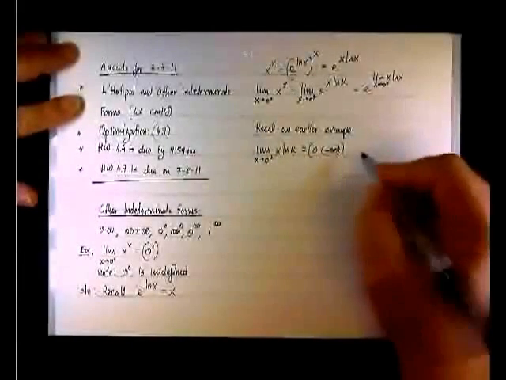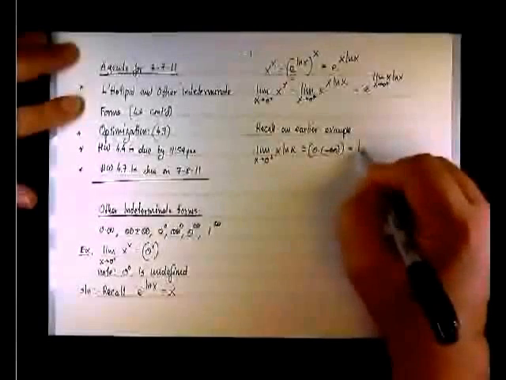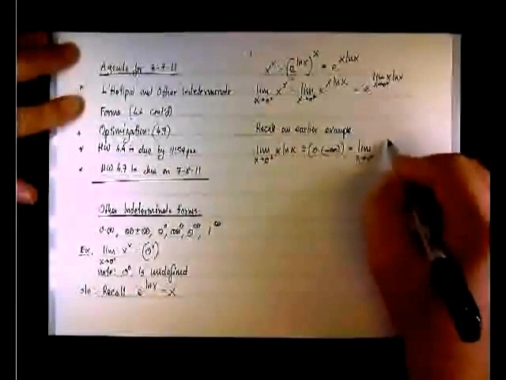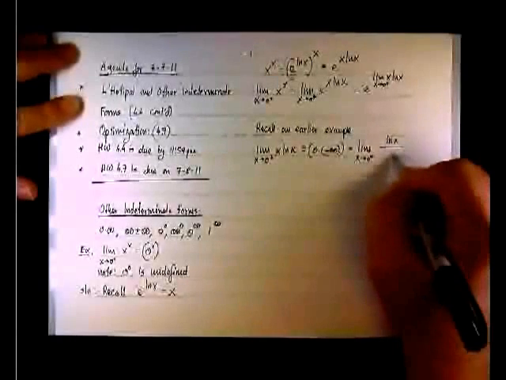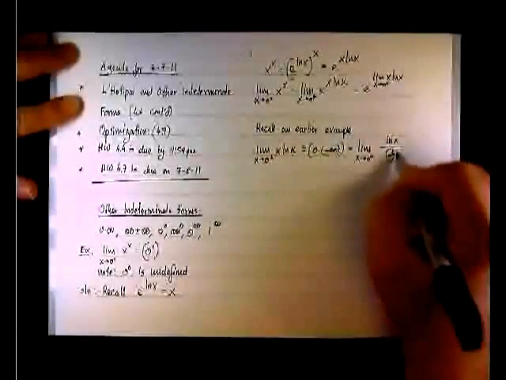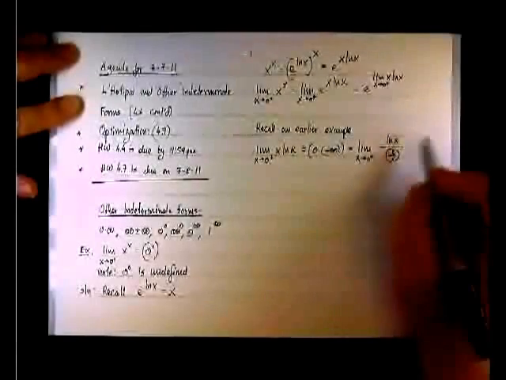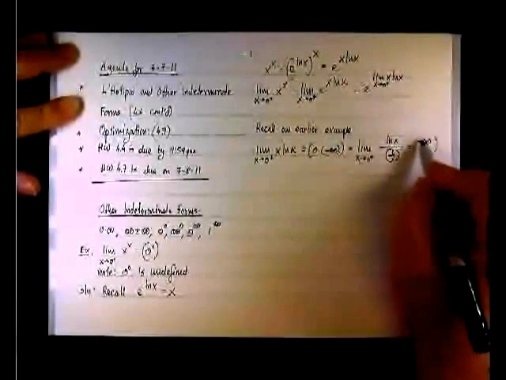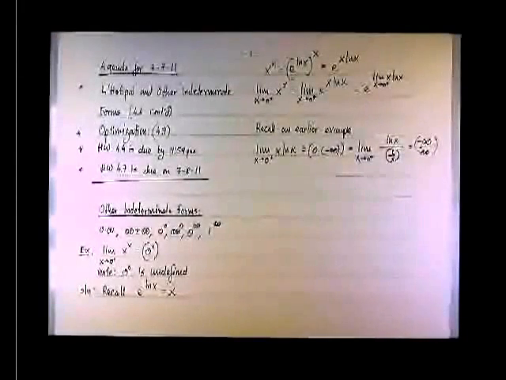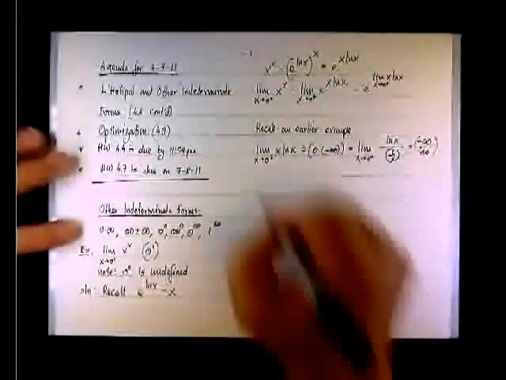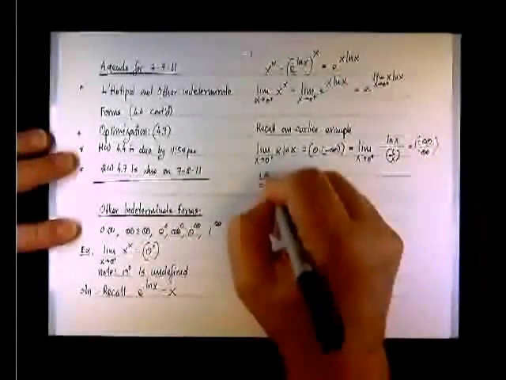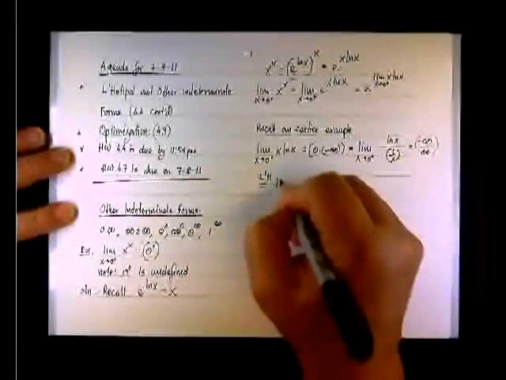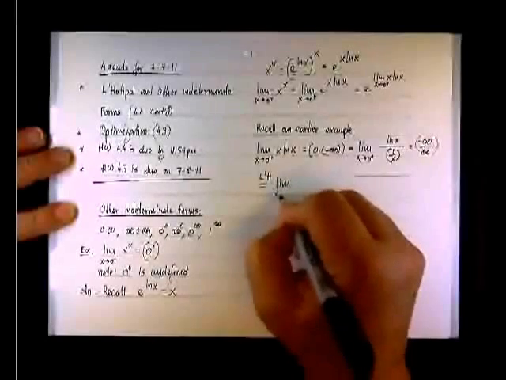But if we rearrange it, we'll write it as the limit as x approaches 0 plus of natural log of x. Instead of multiplying by x, we're going to divide by 1 over x. And now we are looking at infinity over infinity, or negative infinity over infinity, which qualifies this limit for L'Hopital. So by L'Hopital, we'll take the limit of the ratio of the derivatives.